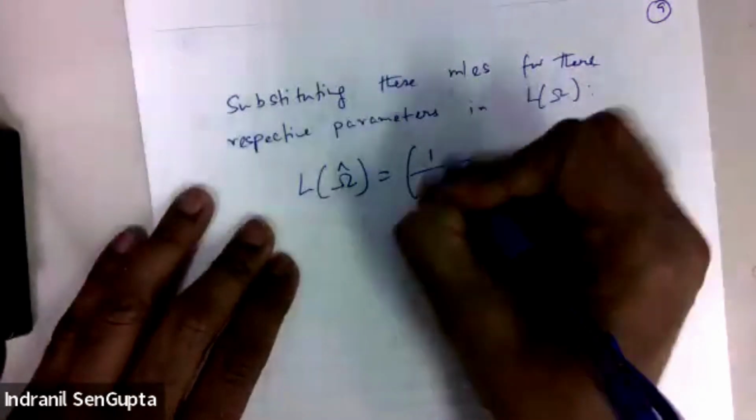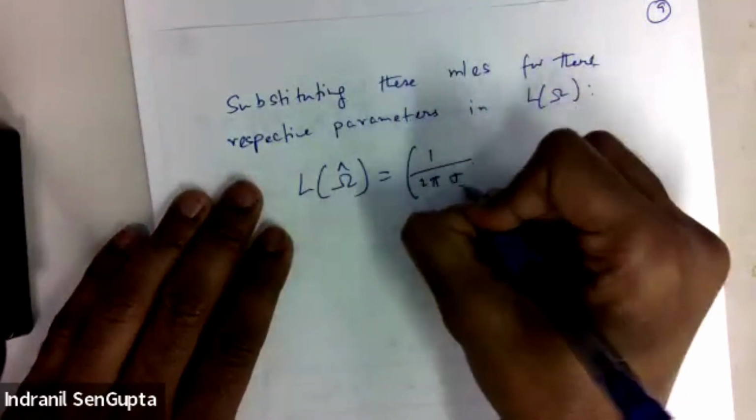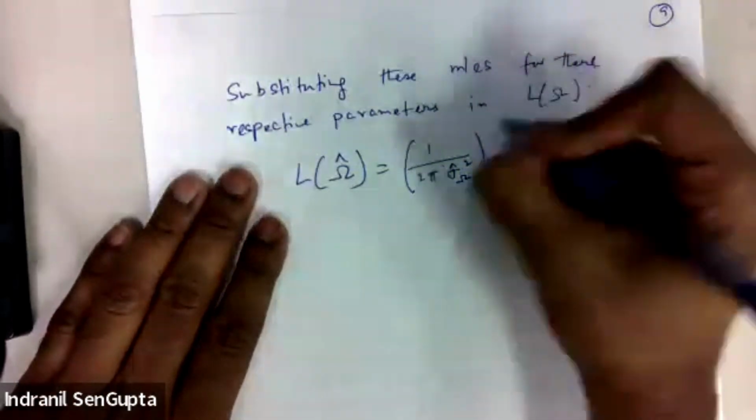So it's going to be 1 over 2 pi sigma omega hat squared to the n over 2.